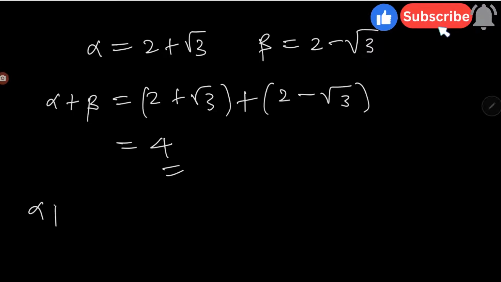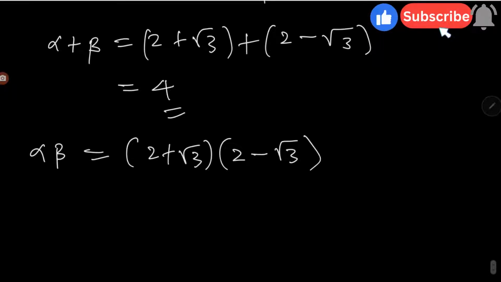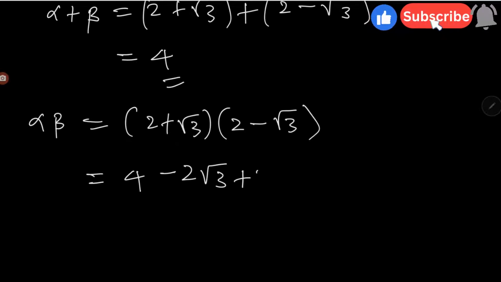Our product, which is alpha beta, is going to be 2 plus root 3 times 2 minus root 3. So multiplying this, we have 4 minus 2 root 3 plus 2 root 3.